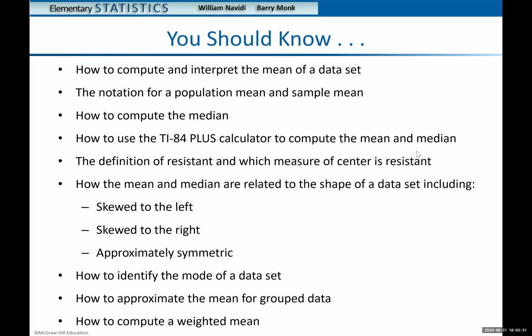So that is 3.1, mean, median, and mode, to compute the mean with the grouped data and the weighted mean.